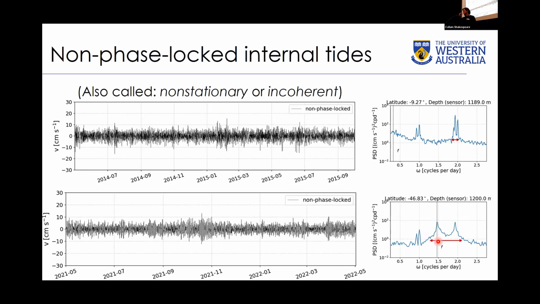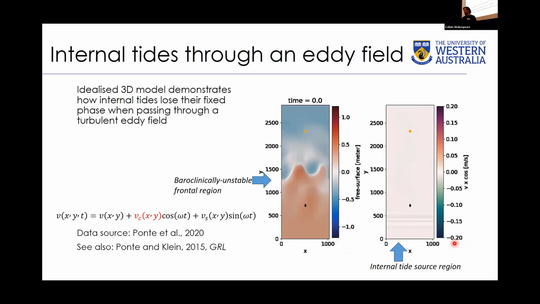The way you characterize it is the more non-phase locked it is, the greater the width in spectral space, or the spectral cut width is. And I'll use some idealized simulations to try and explain why that occurs.